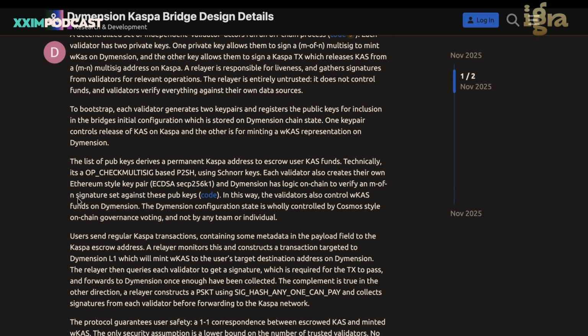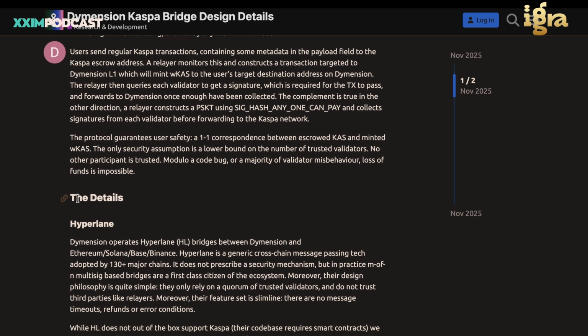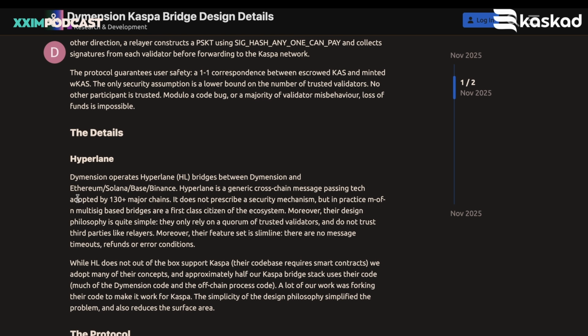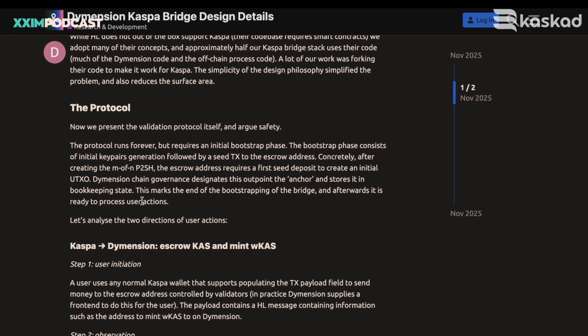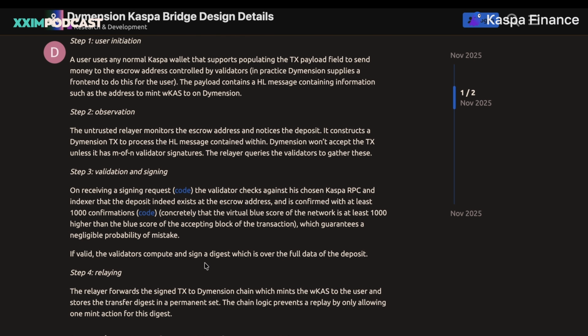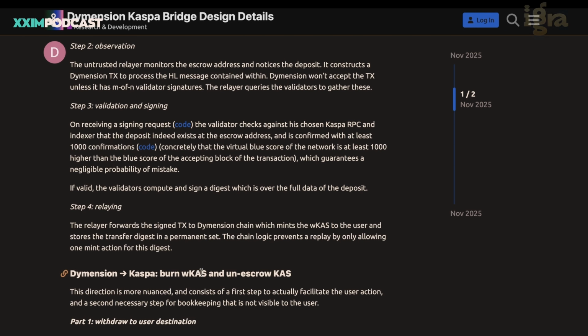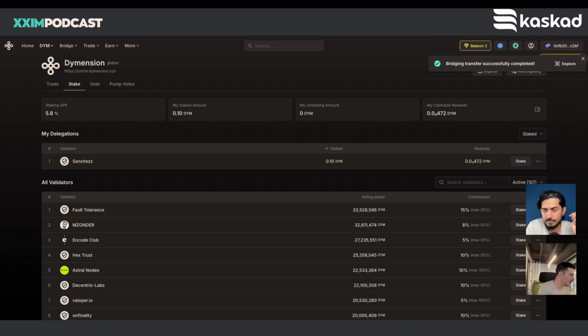It has the entire technical depth of how the bridge is built, what the security assurances and assumptions are, and how it's trust minimized, etc. So I highly recommend it for the technical folks who want to delve into the details. In terms of the architecture, it's really based on Hyperlane. If you know Hyperlane, it's very similar. We actually use most of the components from Hyperlane to build this.